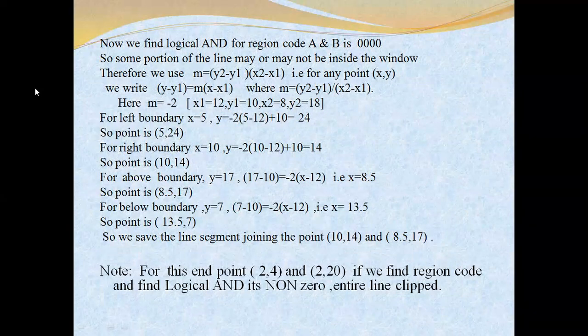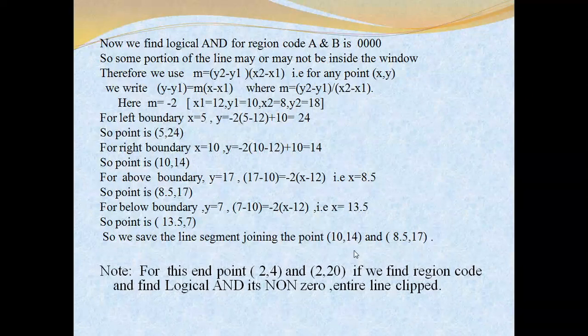Another point 8.5, 17: 8.5 is greater than or equal to x min and less than or equal to x max, and 17 is greater than or equal to y min and less than or equal to y max, so it is accepted. And the last point 13.5 is greater than x max, so we reject it. So only 2 points are accepted, 10, 14 and 8.5, 17. So we accept the line between these points, and the other parts we clip.